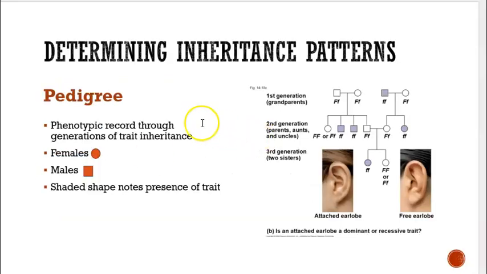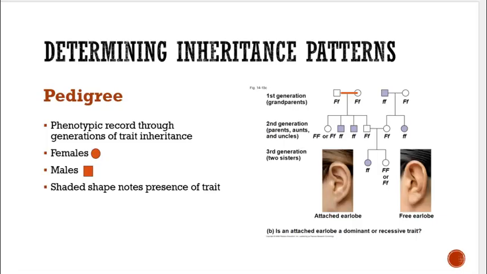All right, let's move on to pedigrees. Pedigrees are a way that we can look at inheritance as well. We can look at what has already occurred and then try to backtrack to figure out how the character is inherited or passed on through the generations. When we look at a pedigree, we always look at the horizontal line as showing a union between two individuals.